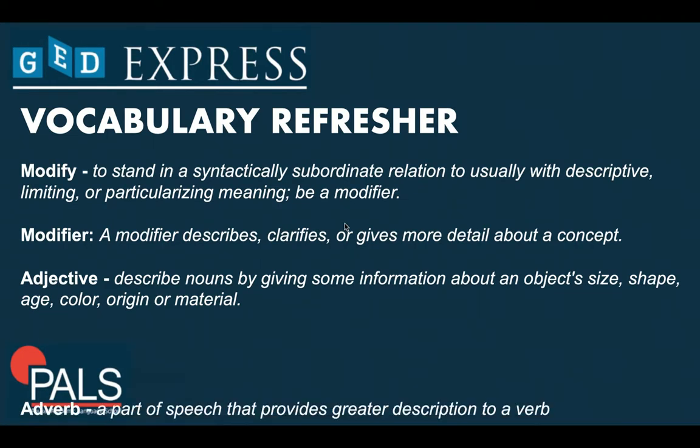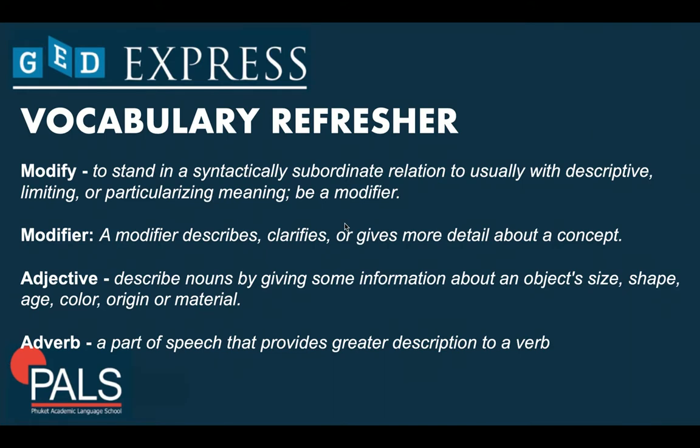So the other one is an adverb, a part of speech that provides greater description to a verb and also adjectives. How does it do that? So an adverb tells us how a verb is being done. For example, when you say, she walked sleepily, or she walked slowly, she ran quickly.